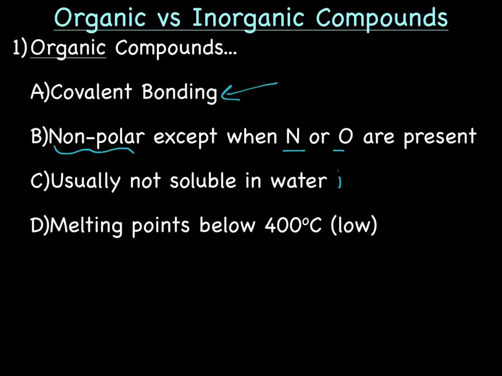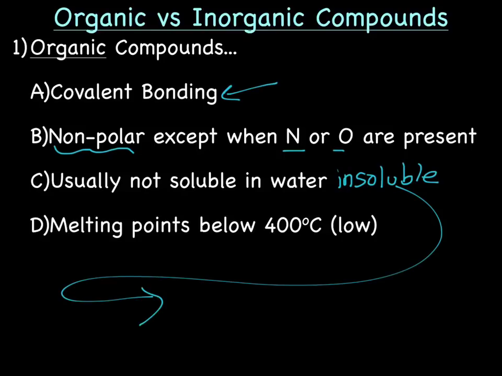You could also call that insoluble, which means it usually does not dissolve in water, okay? And they have low melting points, usually lower than 400 degrees Celsius. So those are some characteristics of organic compounds. Please be familiar with these.